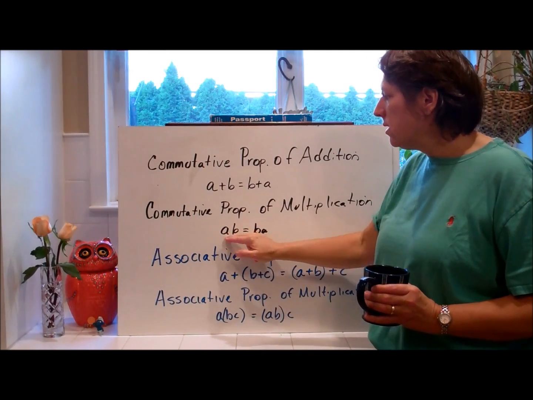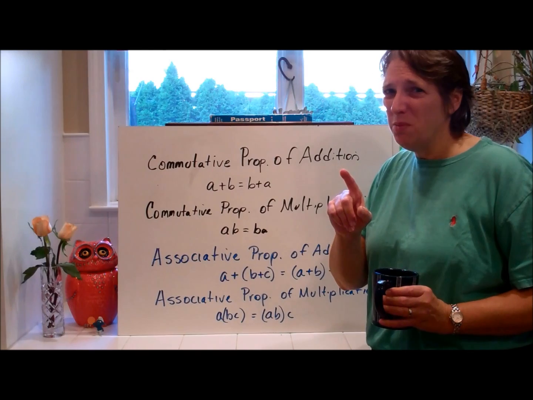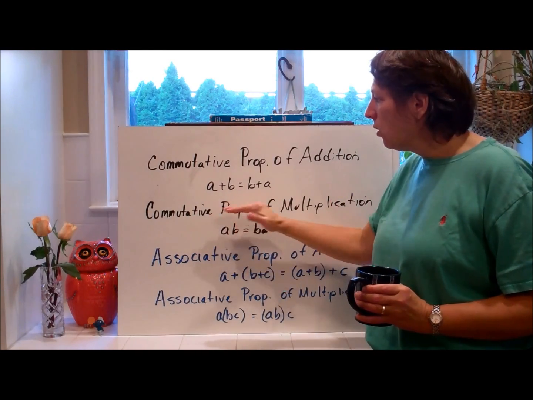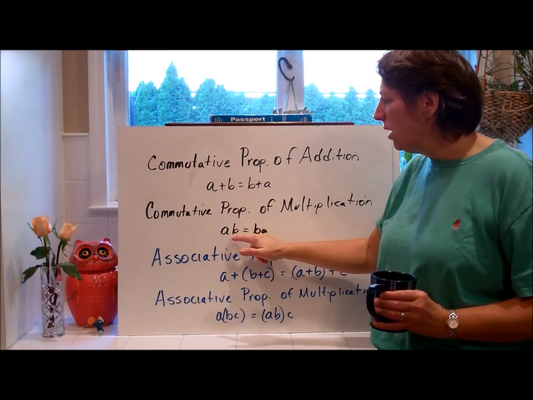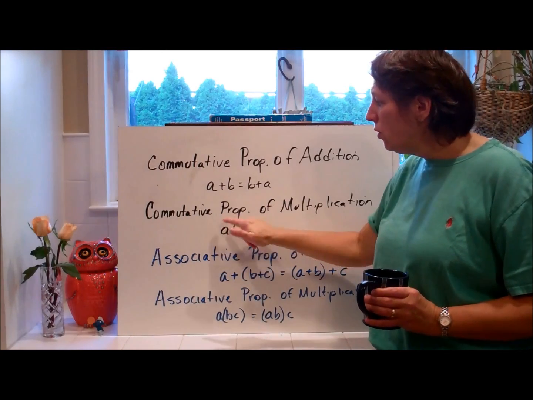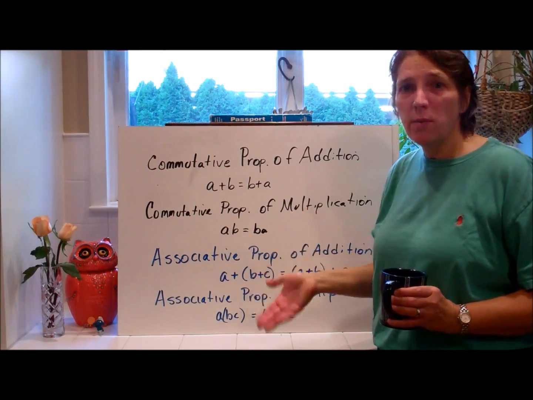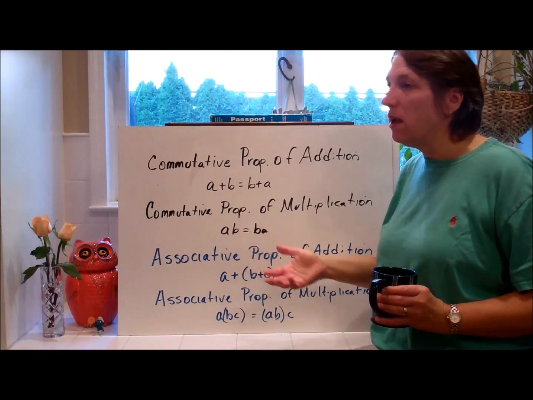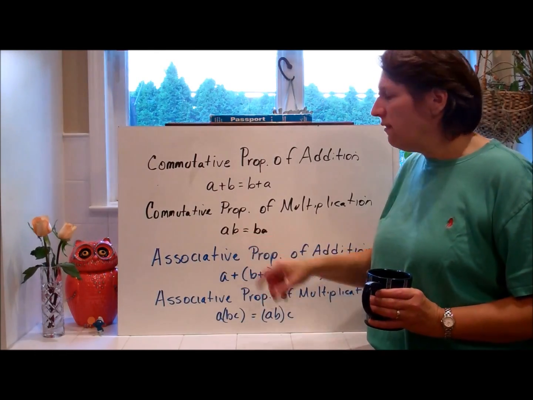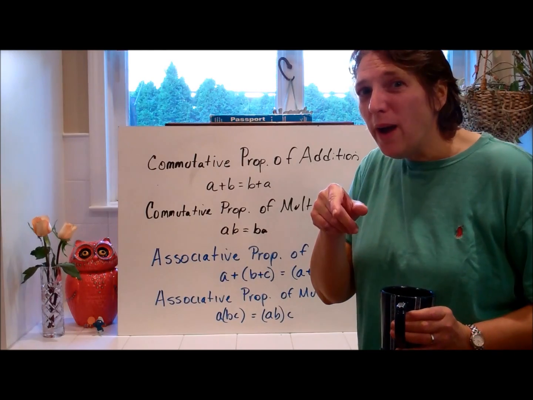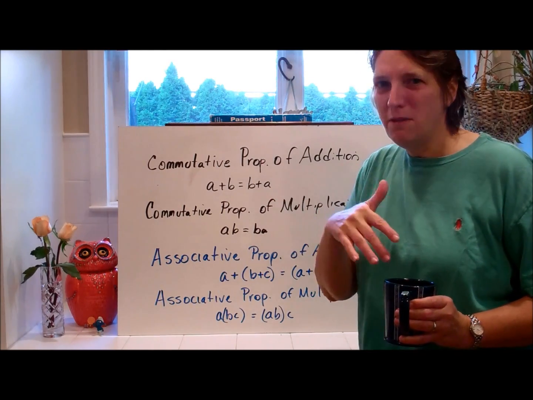This is considered one term, but when we're looking at properties of multiplication, these are two numbers that we're multiplying together. So 2 times 3 is the same thing as 3 times 2. If I had x times 5, it's the same thing as 5x.